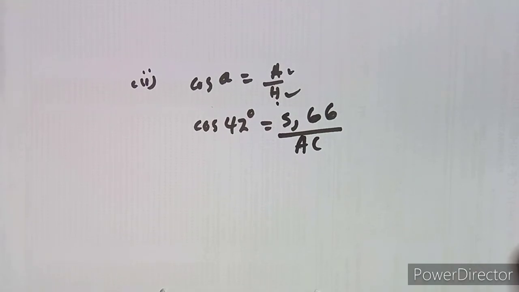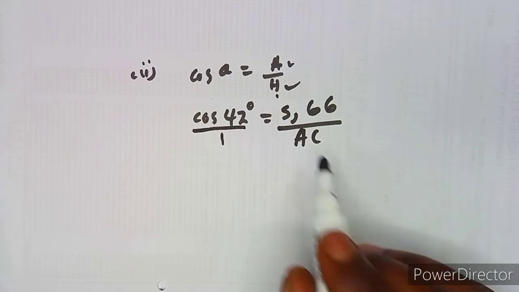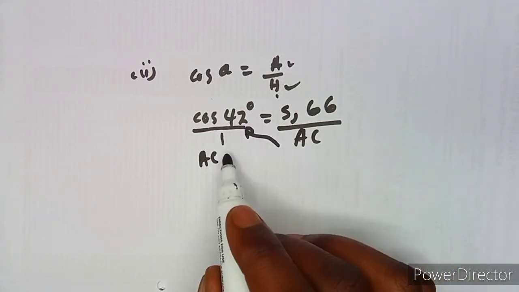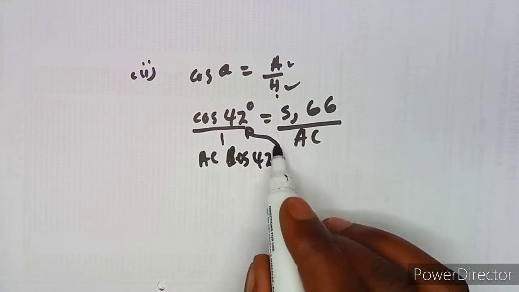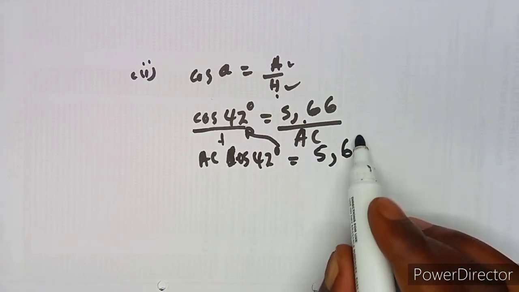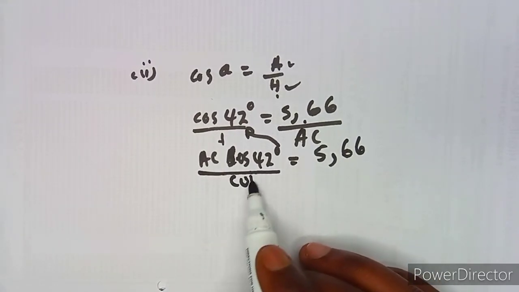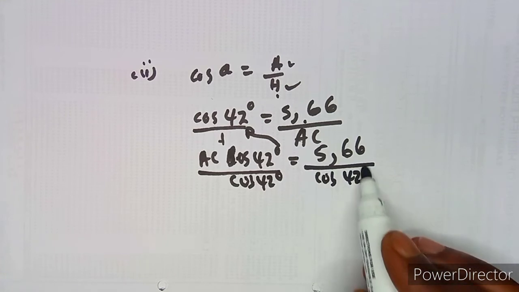How can we calculate AC? In this case, we can cross multiply, which is going to be AC times cos 42, which is equal to 1 times 5.66, which is 5.66. To find AC, we are going to divide by cos 42 degrees on both sides.